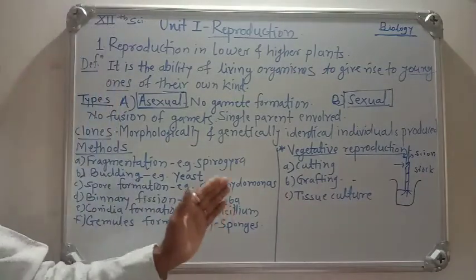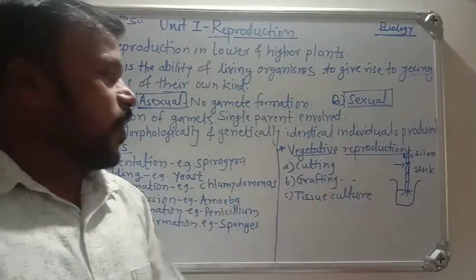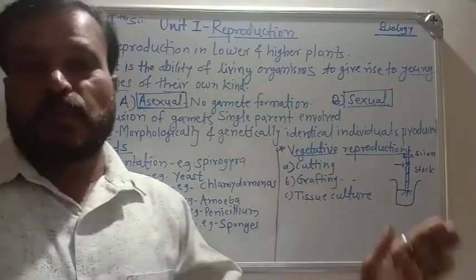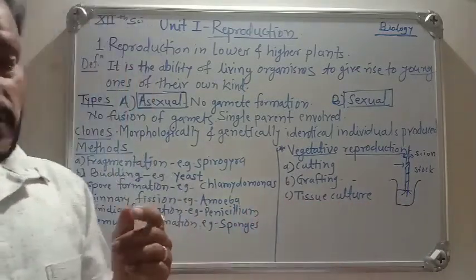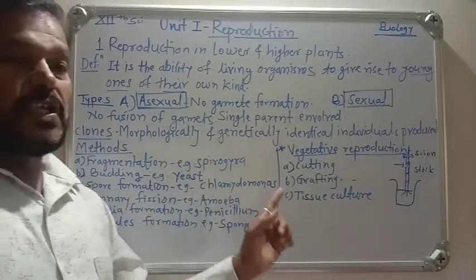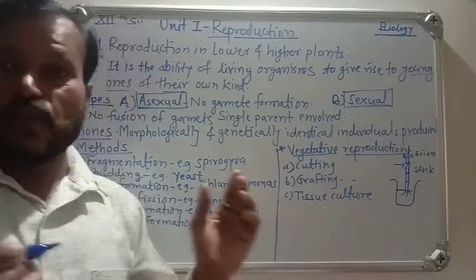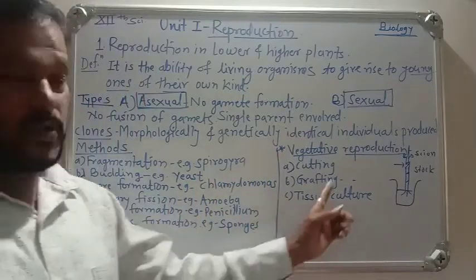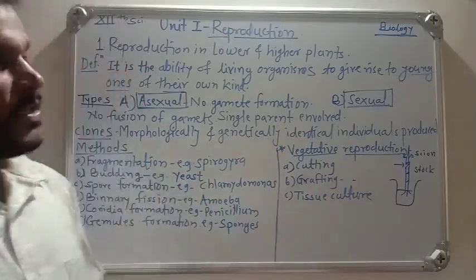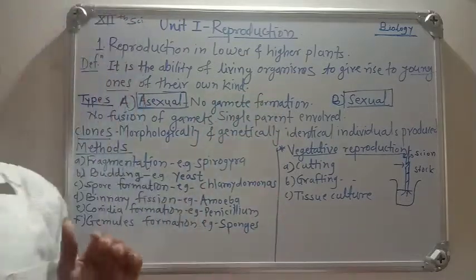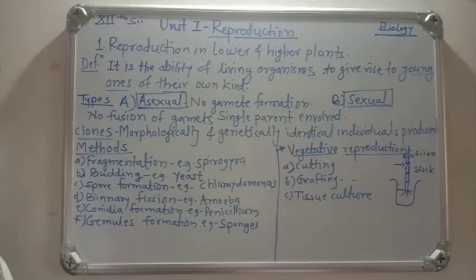It is a highly advanced artificial method of vegetative reproduction. It is also called micropropagation. In this textbook, in topic 11, enhancement in food production, we will study tissue culture in detail. This is about artificial vegetative reproduction.